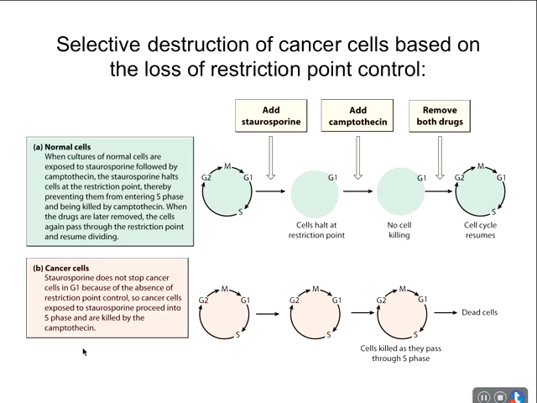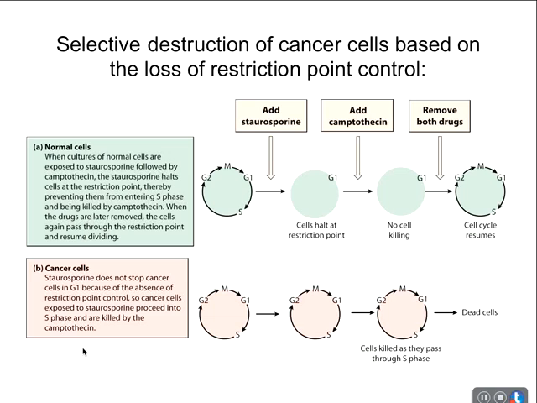So it stops DNA synthesis, which kills cells in that process. It kills cells in the S phase. S phase is where DNA synthesis is occurring. So any cell that's in the S phase is going to be killed by that particular drug, camptothecin.